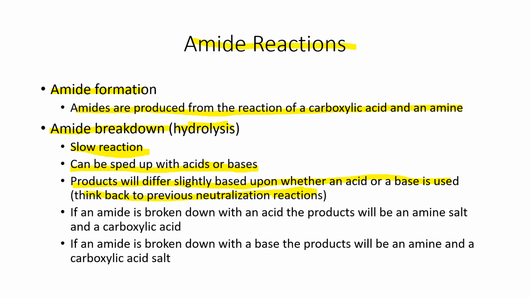And what we're going to see when we get to an example of this reaction is that if your amide is broken down with an acid, the products are going to be an amine salt and a carboxylic acid. If your amide is broken down with a base, then your product is going to be an amine and a carboxylic acid salt. Those acid-base reactions that happen with carboxylic acids and amines are going to show up again here, this time as secondary reactions for what happens with our amides.